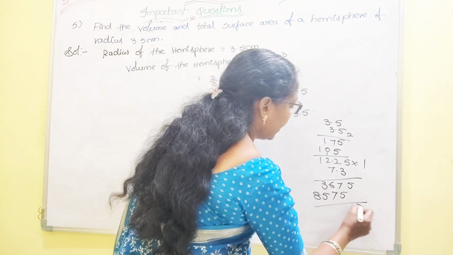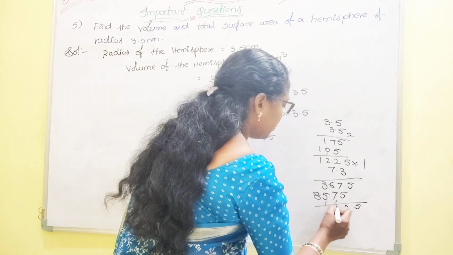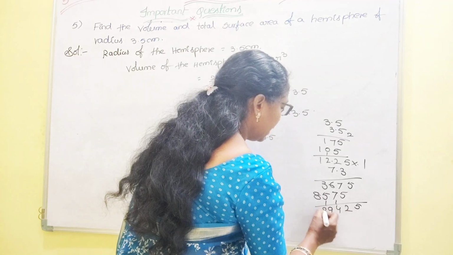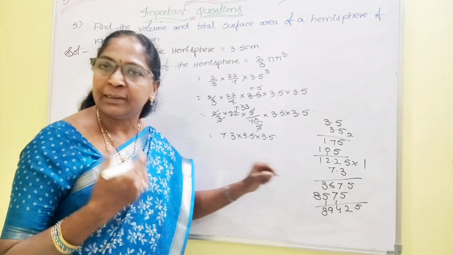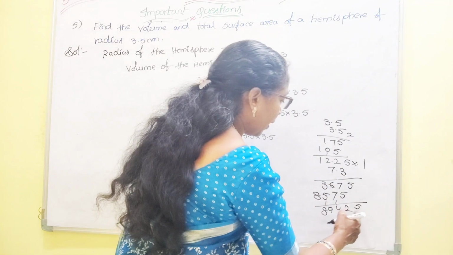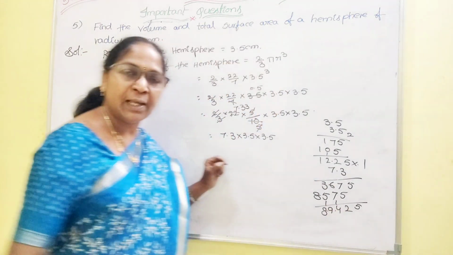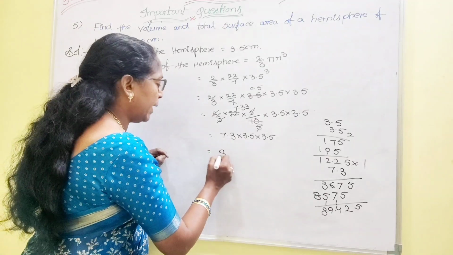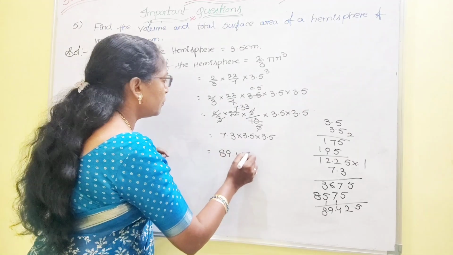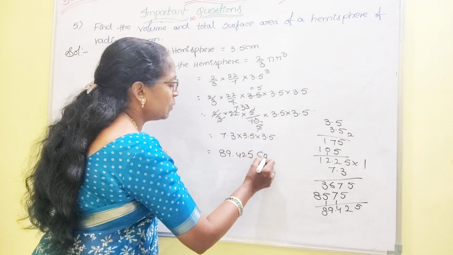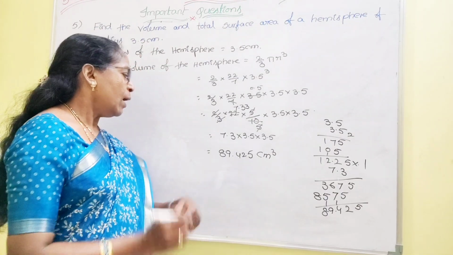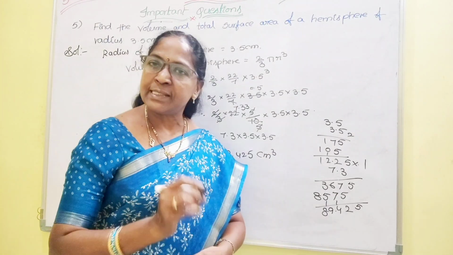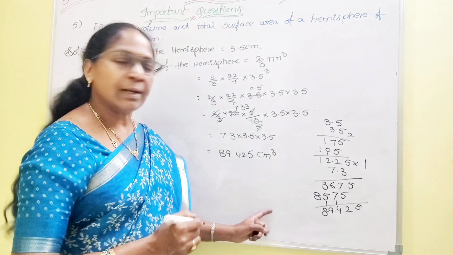So 5, 12, 14, 9, 8. So here the point is after 2 digits and here 1 digit. Total 3 digits are there. So take 1, 2, 3 digits and keep the decimal point. That equals 89.425. This is volume. So the unit of the volume is cubic unit. Here units are centimeters, so 89.425 centimeter cube is the answer.